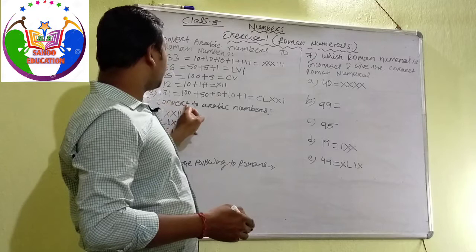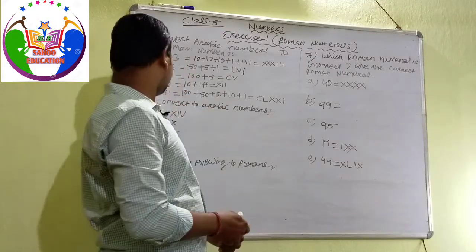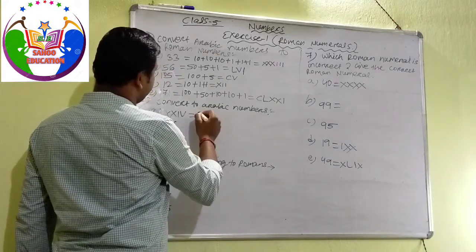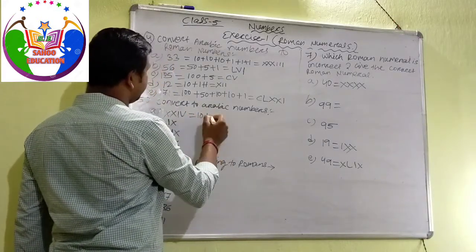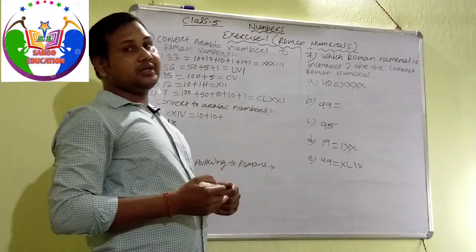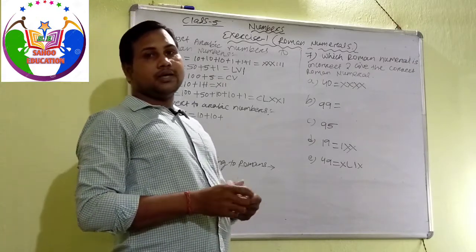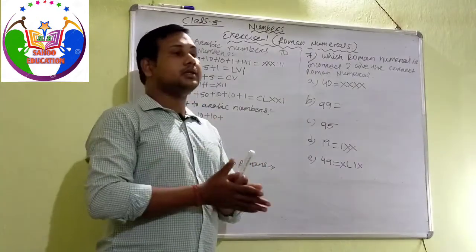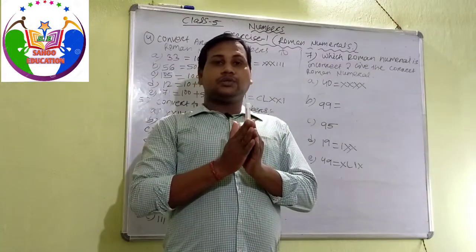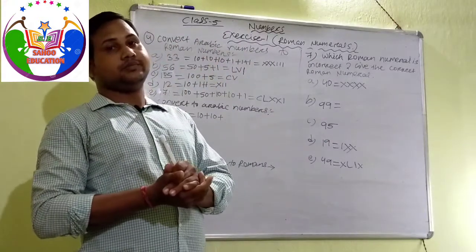Okay. Now next we'll come to question number 5. Here given convert to Arabic numbers. Okay. Let us see. X is for 10, another X is for again 10. You know IV is written for 4. Why I'm again reminding you, we can use a letter for 3 times maximum.